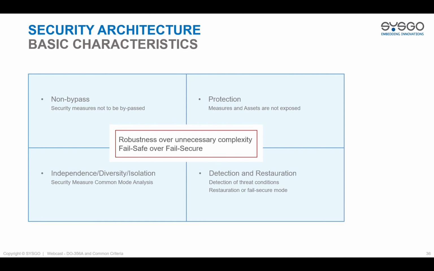So this should not happen. If you plan the detection and recovery systems, always make sure that fail-safe goes over fail-secure, which means that the system goes into a safe mode in terms of safety and not a fail-secure mode in terms of security. So safety is more important than security in an airplane.